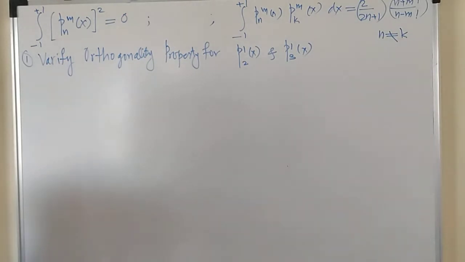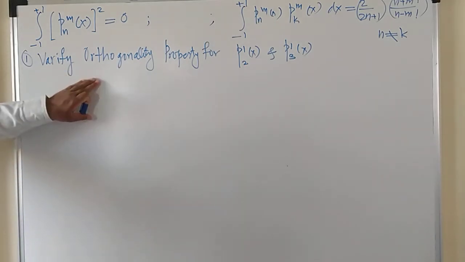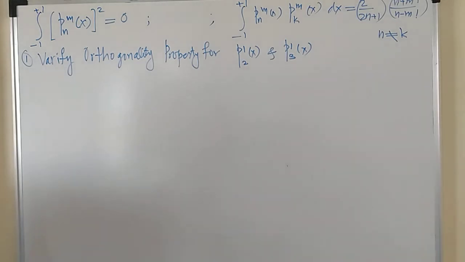These are the two associated Legendre polynomials, right? And by using this, we have to prove the property, where n and k are not equal.